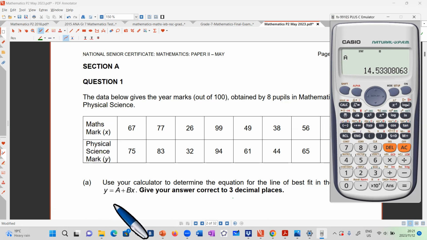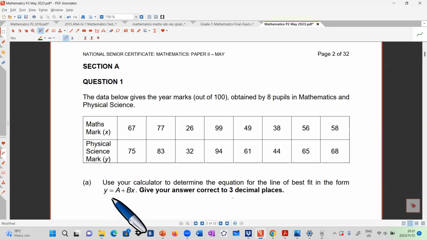Right. So let's write that one down. We have a is 14,533.